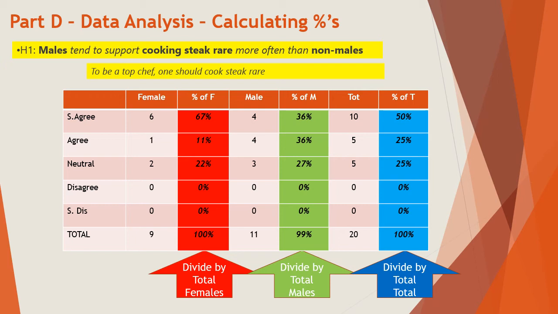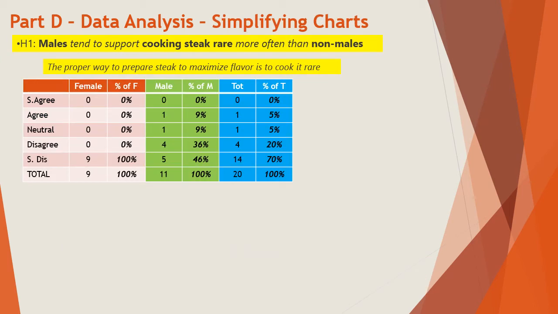And so what I'm going to do now is show you how to make these a little bit simpler, just agree and disagree, and then put them all together. So here we're just going to simplify the chart, combining or summing together all the responses that were agreement and all the responses that were disagree.